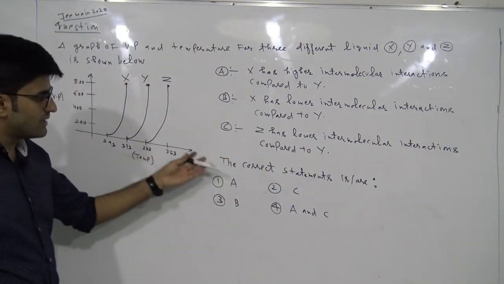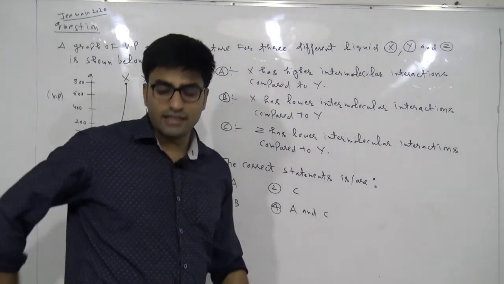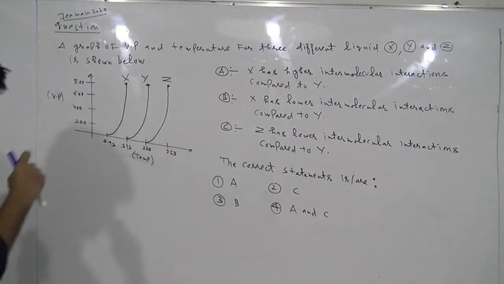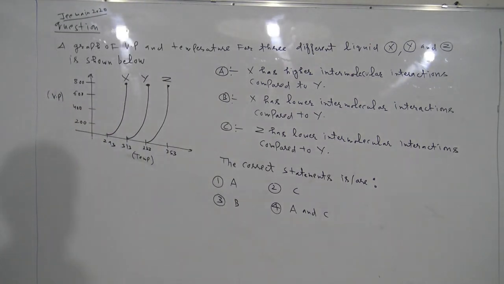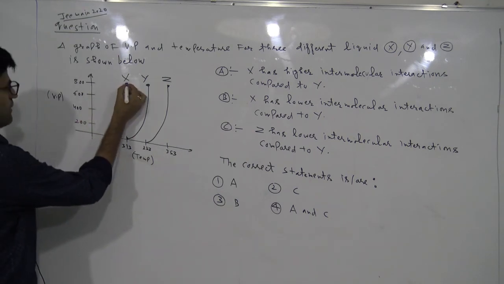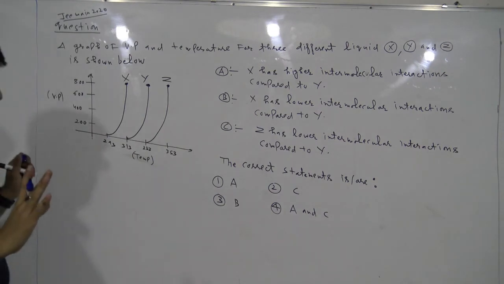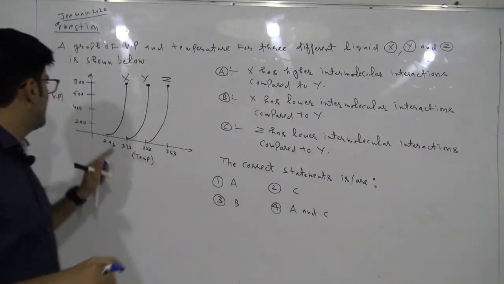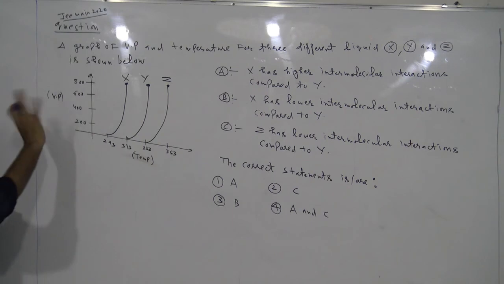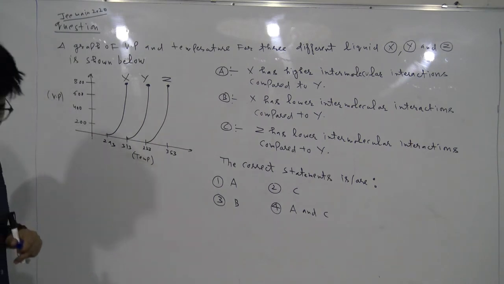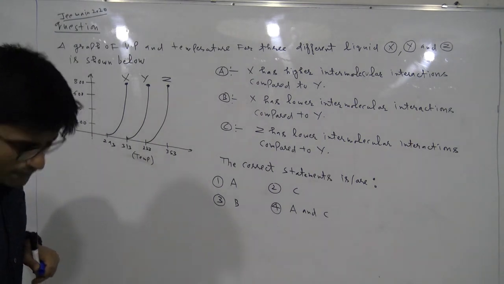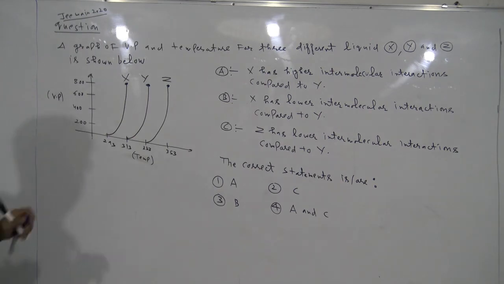And they are asking what is the correct statement. Okay, so let's focus now. As you can see, whether it's liquid X, liquid Y or liquid Z, all of them have the same vapor pressure, and the vapor pressure is 800 mm of Hg.